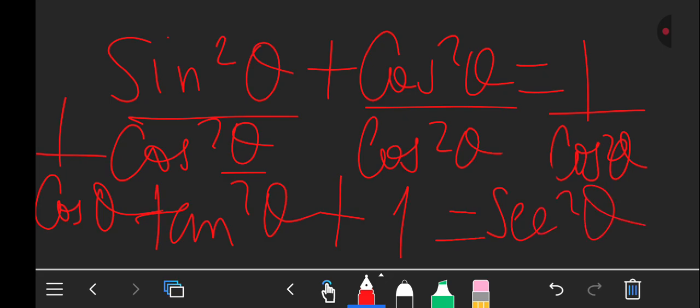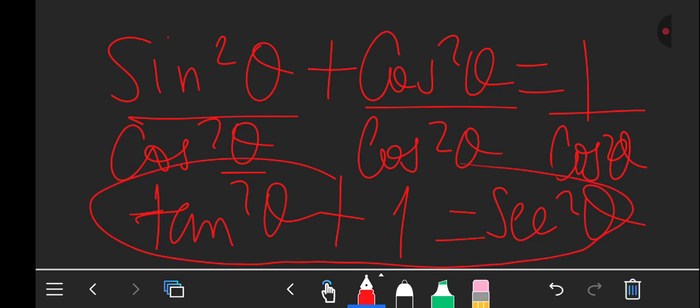So we can now say that tan squared theta plus 1 is equal to sec squared theta. That is very important for us to understand.